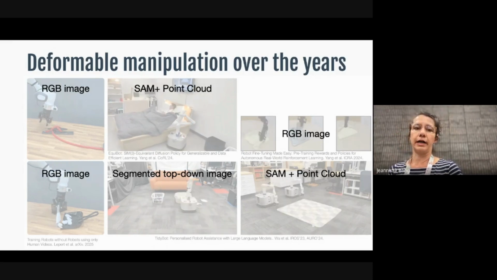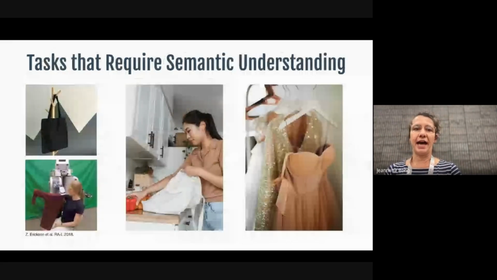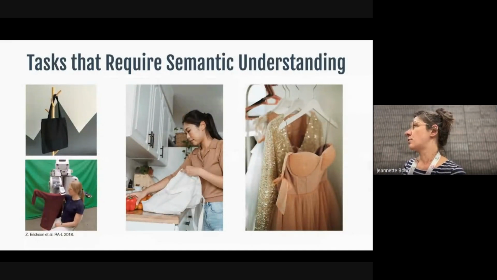And so I think that if we have other tasks that are more complex, that want to use this deformable in a more semantic way, like let's say you want to hang this tote bag on the hook, or you want to help someone dress, or you want to pack a grocery bag or maybe unpack a grocery bag, or you want to put clothes on a hanger, that's where you need a more detailed understanding of what the objects actually are and maybe their parts, to manipulate them in a goal-directed way for the particular task you are interested in.